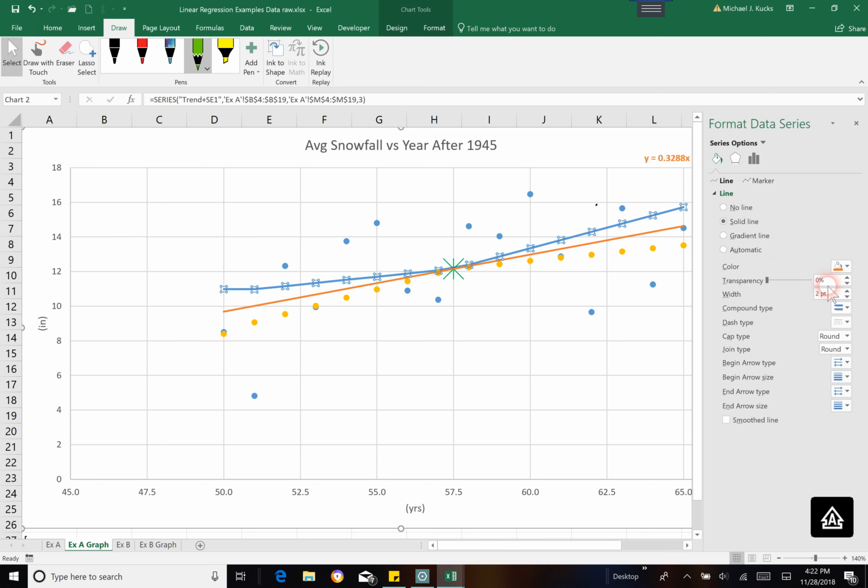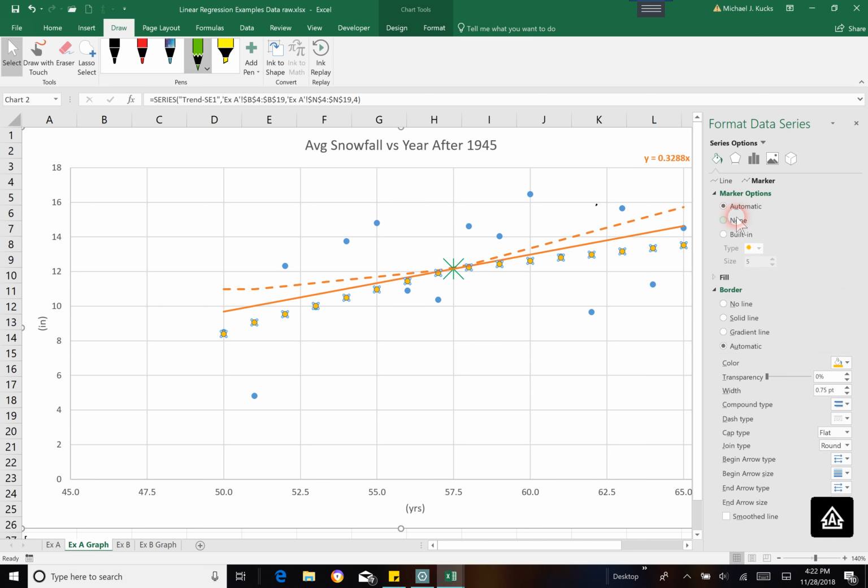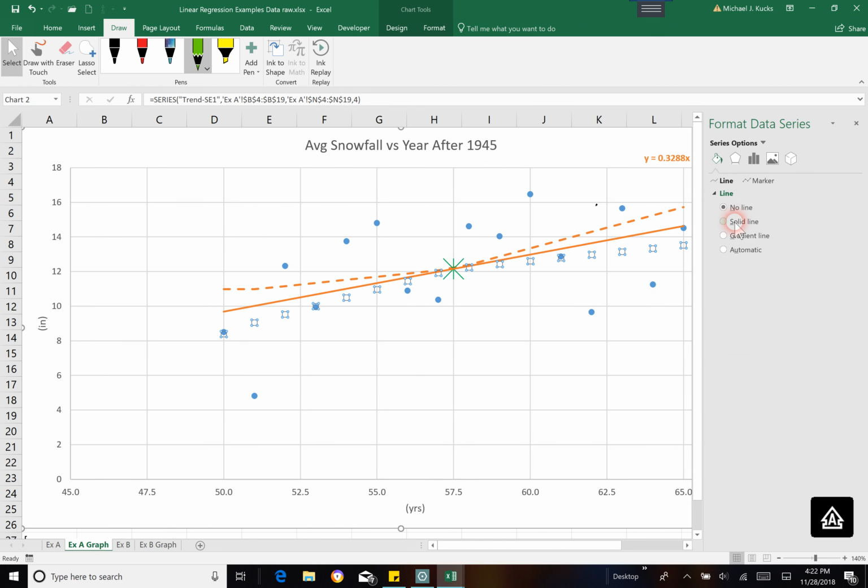I want it to be the orange color of my trend line, but I want it to be dashed. And then I want to do the same thing on this set of data here: no markers, solid line, and dashed.